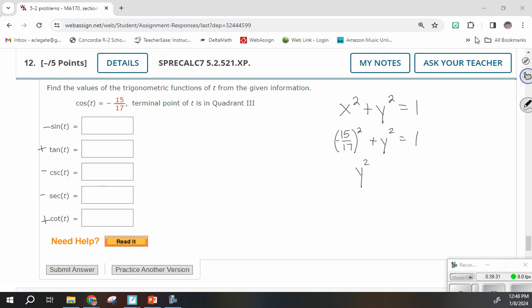So somebody tell me what 1 minus 15/17 squared is. Poke that in your calculator. Y squared equals... Okay. So, now, notice I dropped the negative. I dropped it because I knew I didn't need it there on the 15/17. So square root that, y is 8/17.